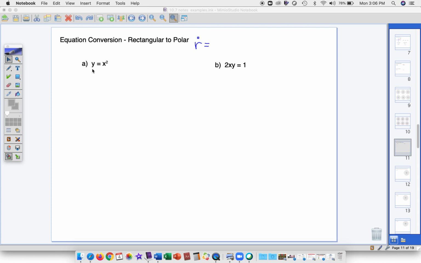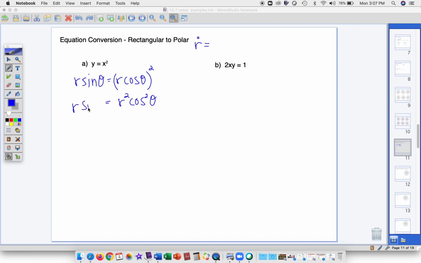So let's see, we need to replace y and x. y we know is r sine theta, and x we know is r cosine theta, and we're squaring that. So that becomes r squared cosine squared theta.